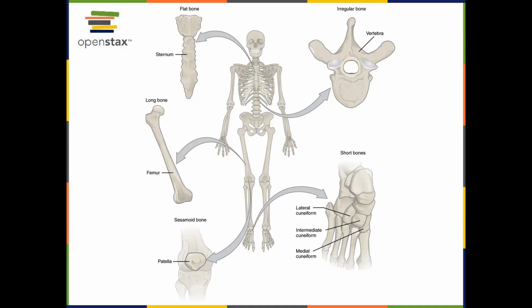Then in the face, the zygomatic bone found in the buccal region, the cheekbone in the superior buccal region, is the zygomatic bone. The maxillae, which are the upper jaw bones, and the mandible, the lower jaw bone.